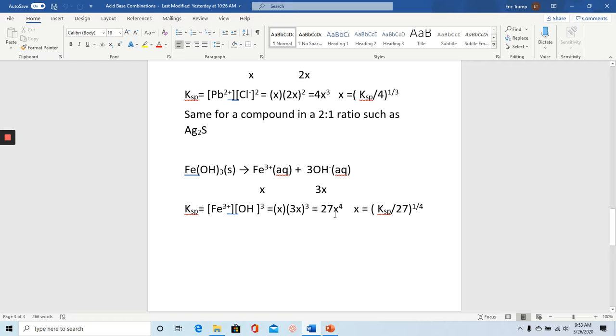And 3 cubed is 27, so this becomes 27 times X to the 4th. We would then divide both sides by 27, and then take the 4th root, or you can raise it to the 0.25 power.